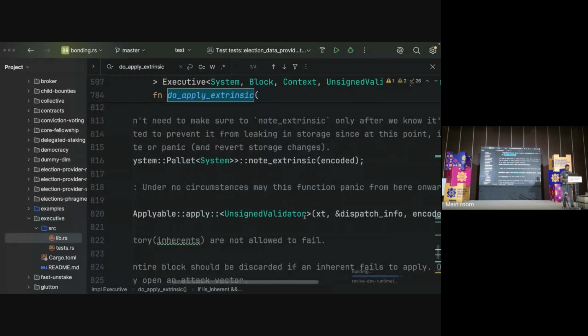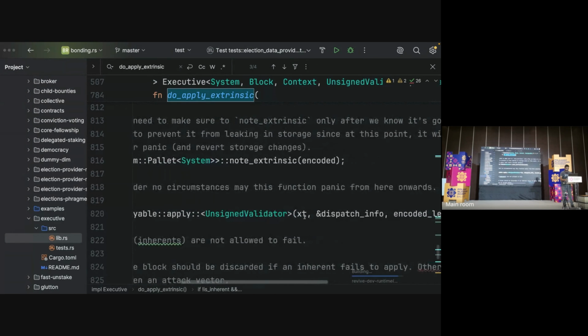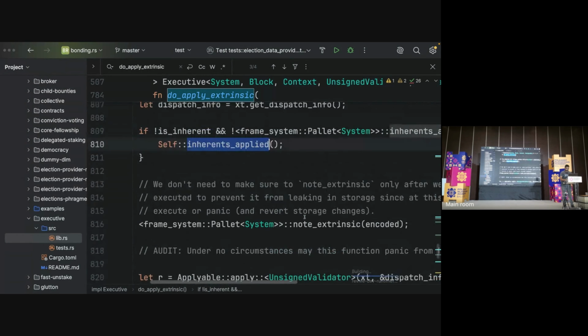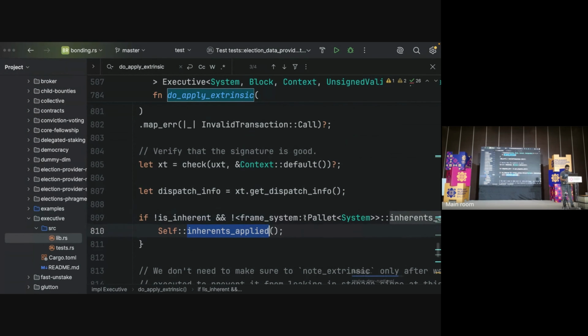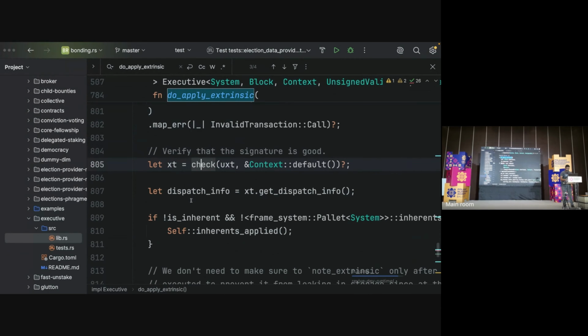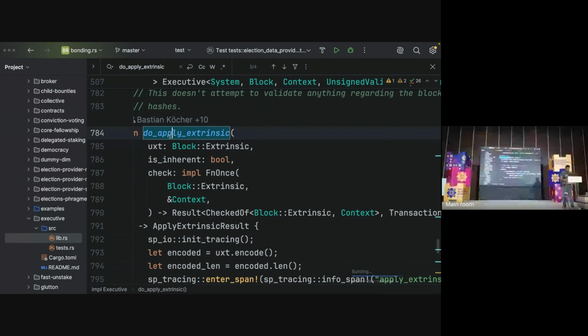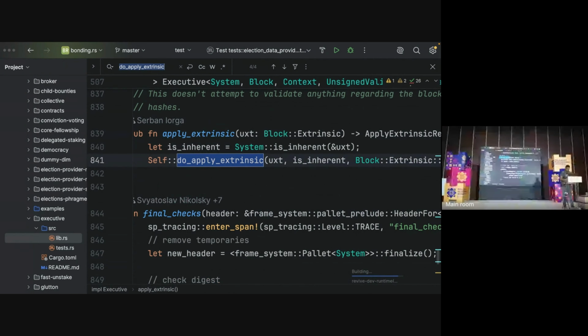Yeah. The distinction between unsigned transactions that someone could also send, and the inherents, which are, as Ankan was saying, put there by the block producer. The inherents are there by fiat of the block producer.